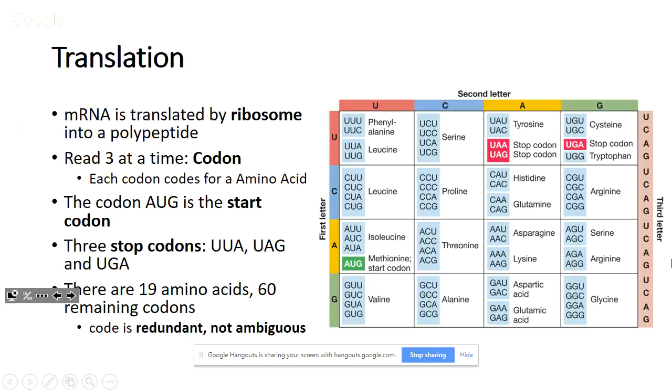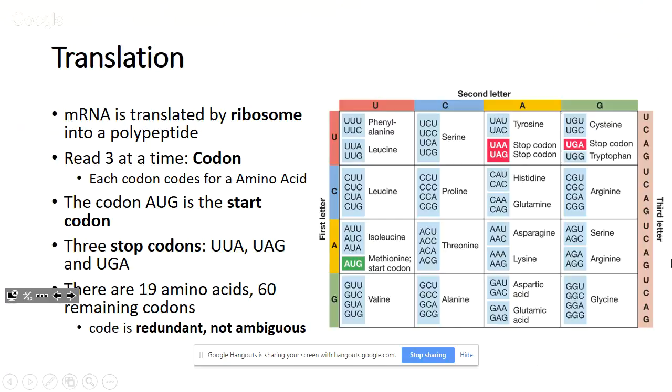What happens here is that messenger RNA shows up at the ribosome, and the ribosome is able to decode it 3 nucleotides at a time. Those 3 nucleotide groups are called codons, and each codon stands for some sort of amino acid. Now, there's a start codon and a stop codon, but that means that there's still 60 remaining codons that can code for an amino acid, but there's only 19 amino acids. So what does this mean?